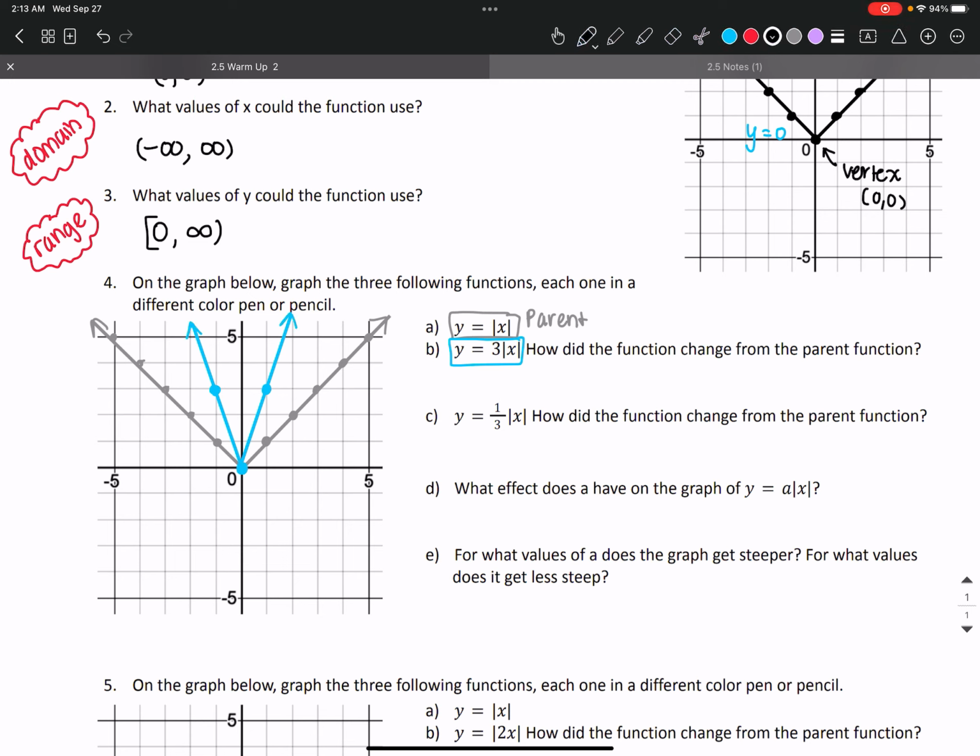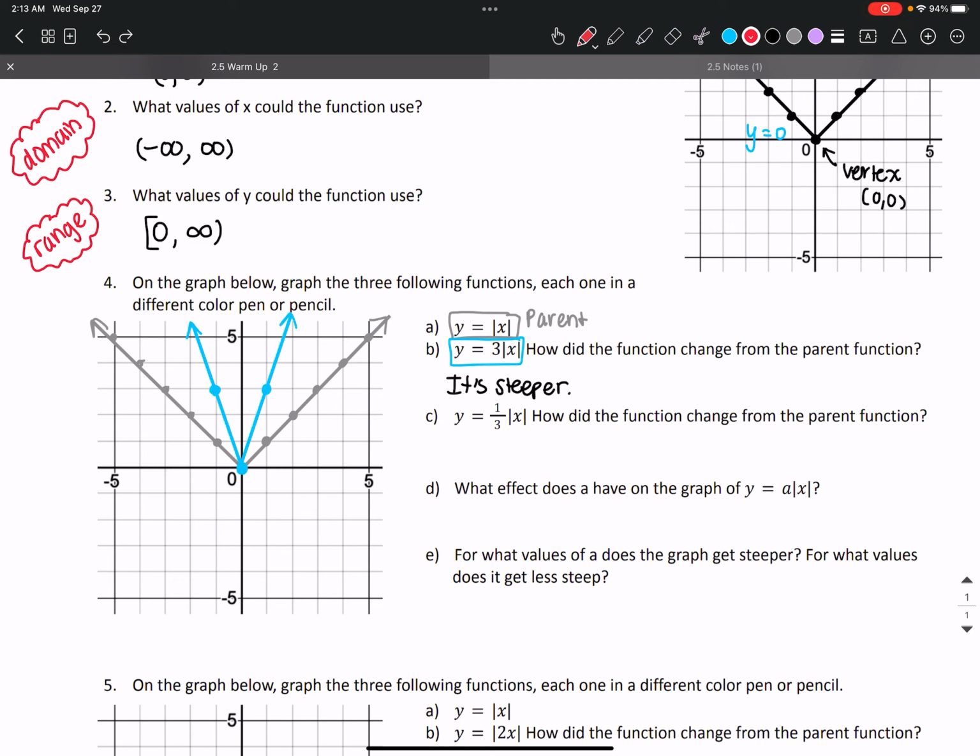So what's the change? I would say that the change from the parent is that it's steeper. So it's kind of like 2 lines connected, and each line's slope, this slope is 1/1, and then this slope would be 3/1. So it has a steeper slope, and it looks steeper.